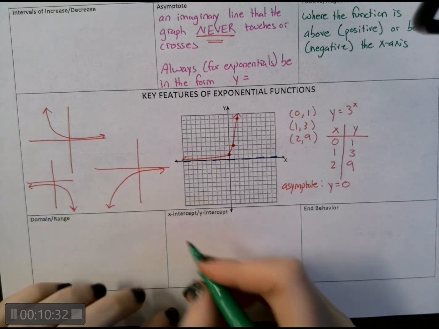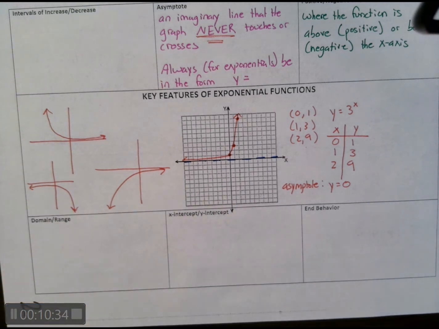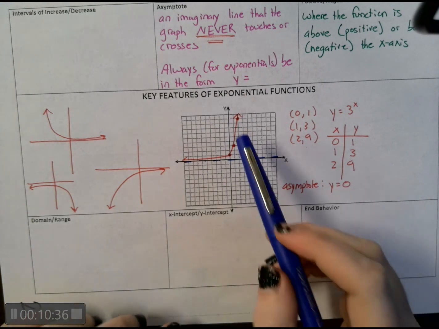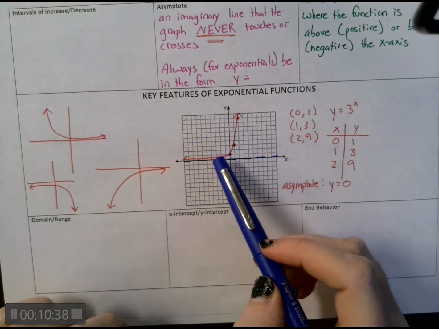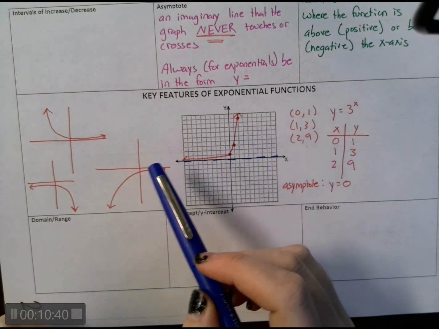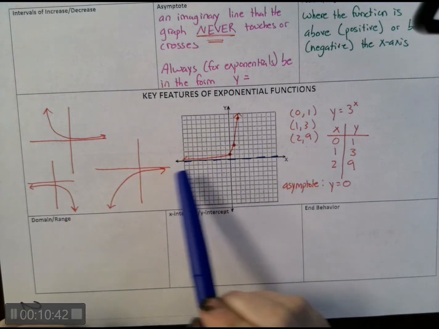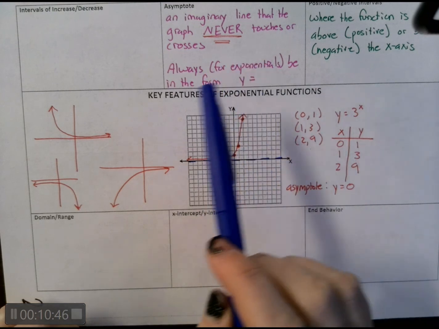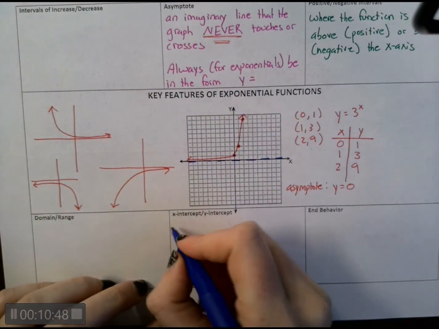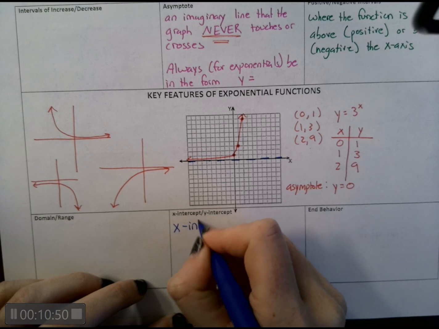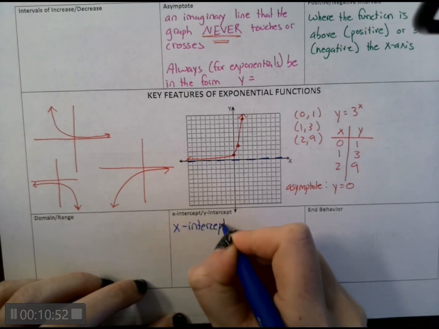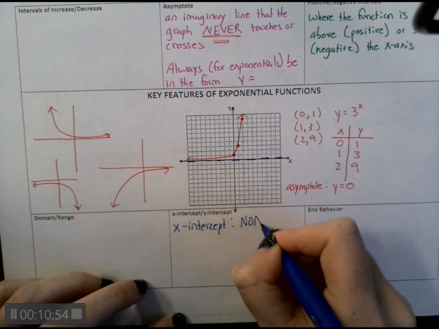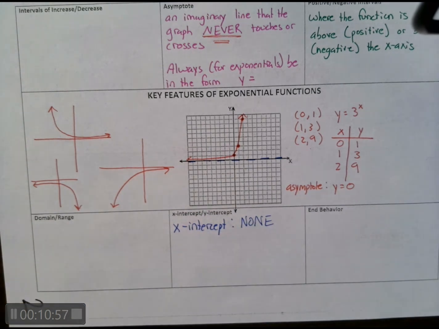I'm hoping you said no. And the reason why is because our graph is above our x-axis. And it will get closer and closer and closer to the x-axis, but because we have an asymptote, it will never touch or cross it. So for our x-intercept, we have none.